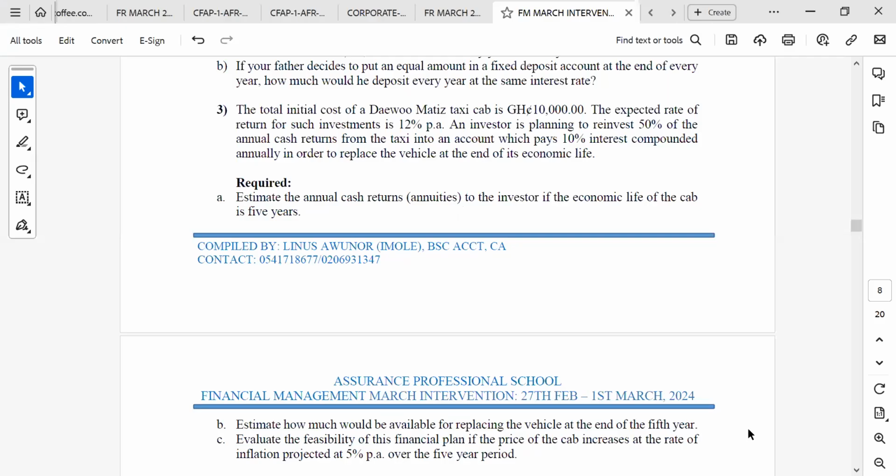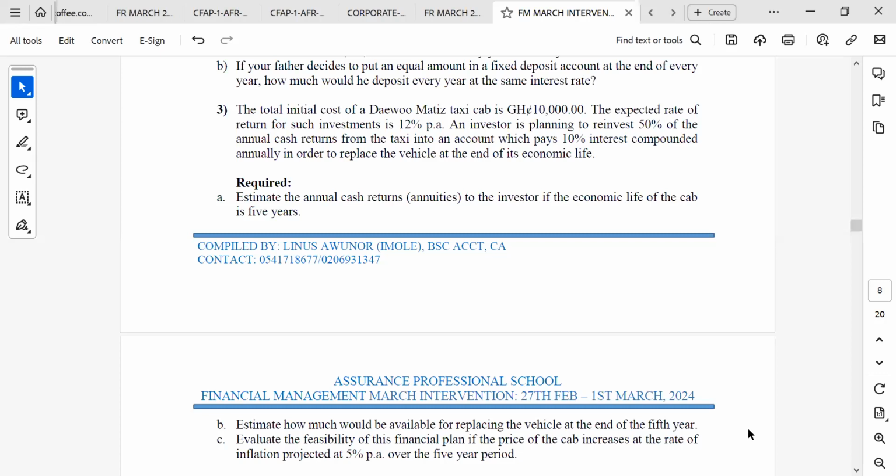Is it the A we are doing? We are doing the A. Estimate the annual cash returns to the investor if the economic life of the cab is 5 years. So the annual cash return is just 12% on the 10,000. That is the annual cash that you're receiving.